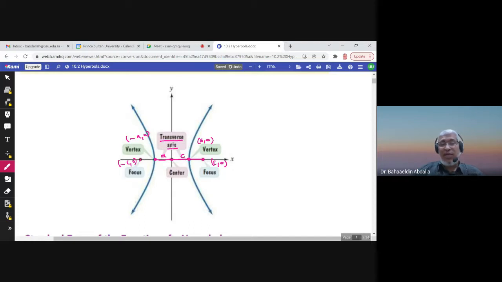So the length of the transverse axis is 2a. So a you always find from the transverse axis. The distance from the center to the vertex is always a.